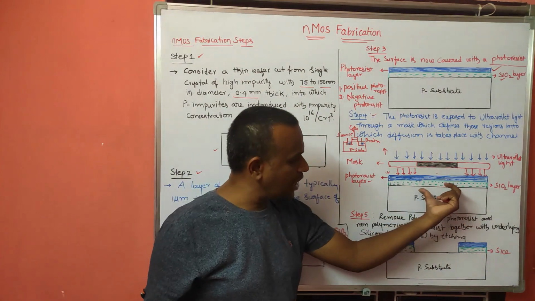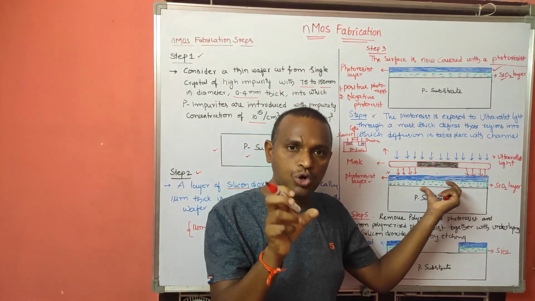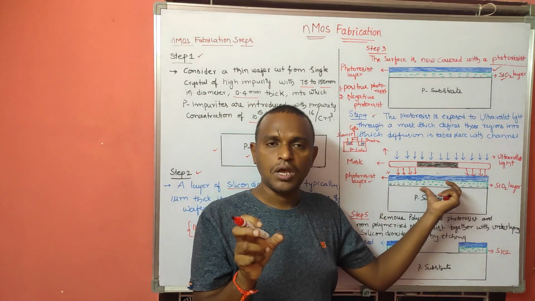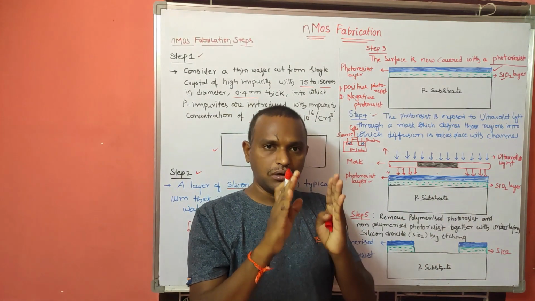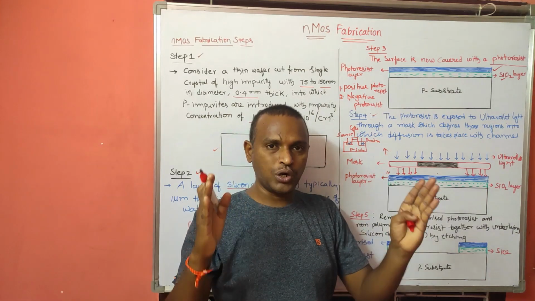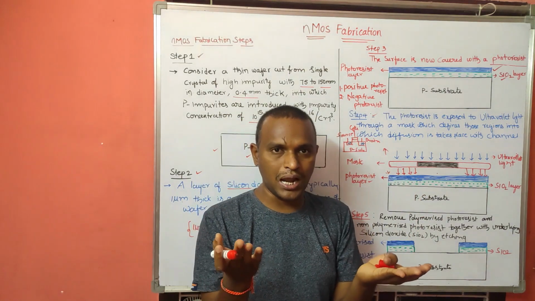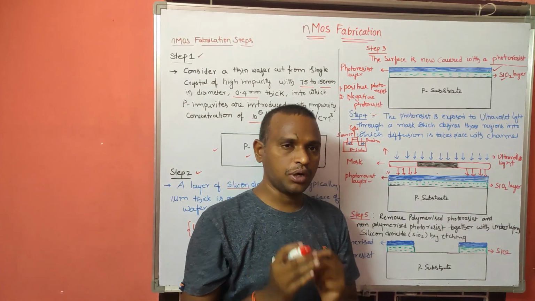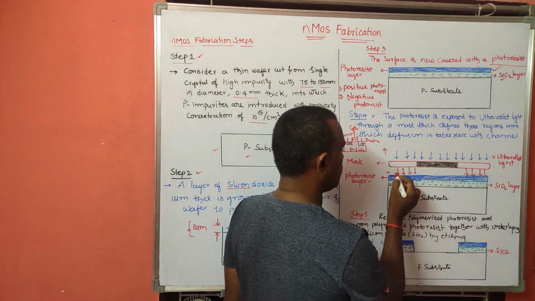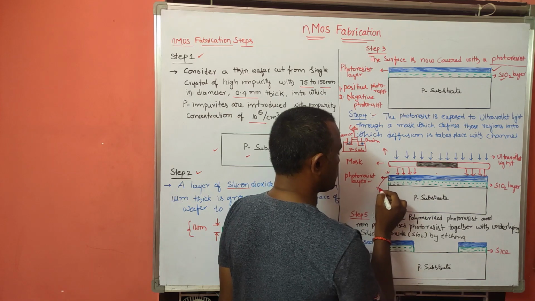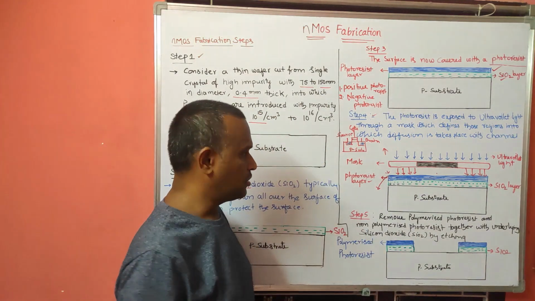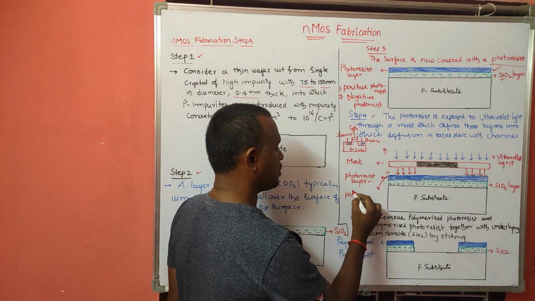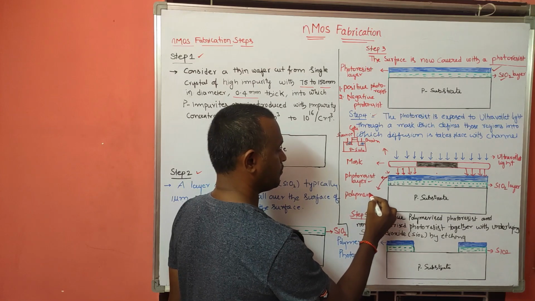So this area cannot be exposed to the UV light. Okay, and whatever photoresist is exposed to the light will be polymerized. So here the photoresist will be polymerized. So this one is polymerized.